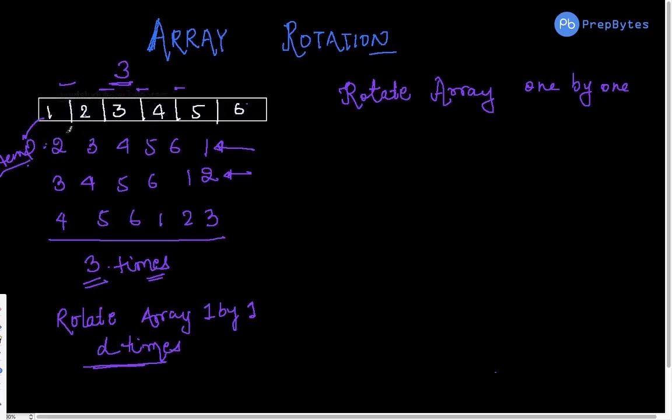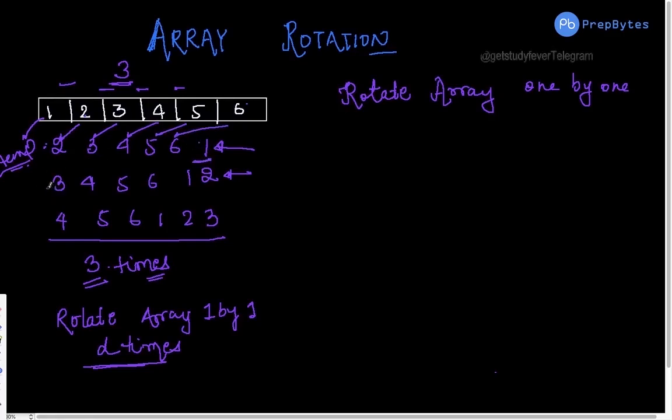Now I have shifted 2 by 1 position, 3 by 1 position, 4 by 1 position, 5 by 1 position, 6 by 1 position, and at the end we have 1 position where I am going to put back this temp. So I am going to put back 1 here.